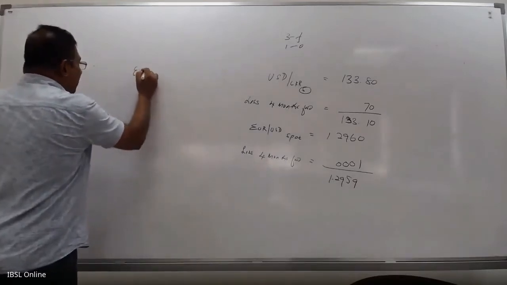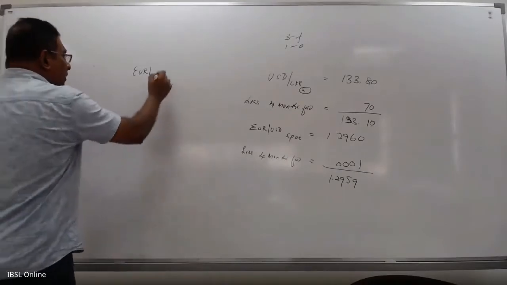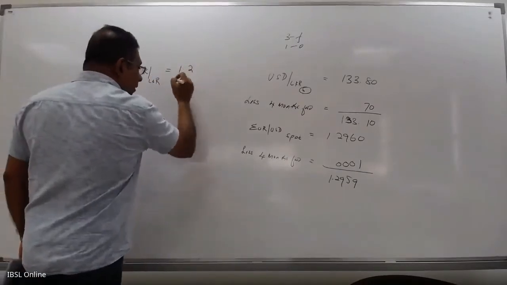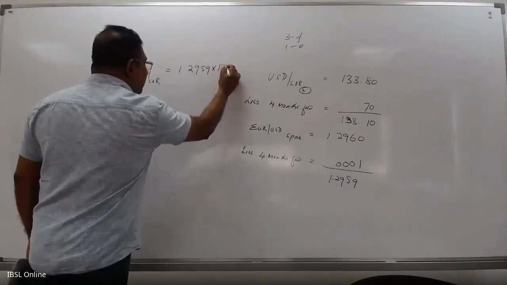So the cross currency of EUR LKR will be 1.2959 into 133.10.